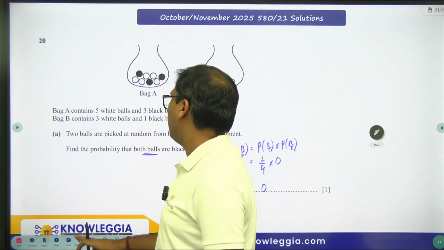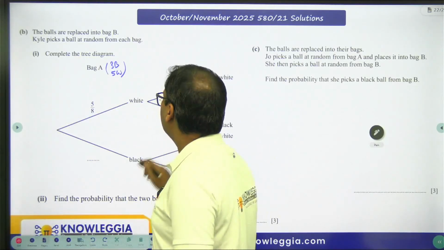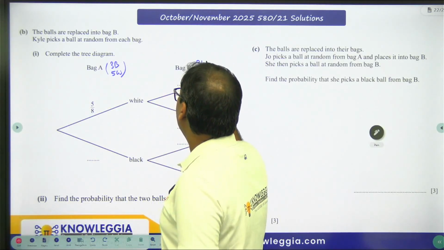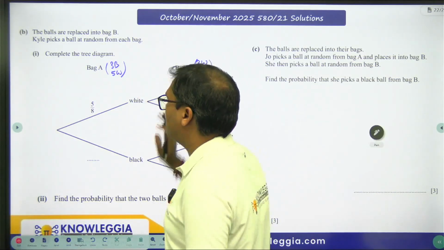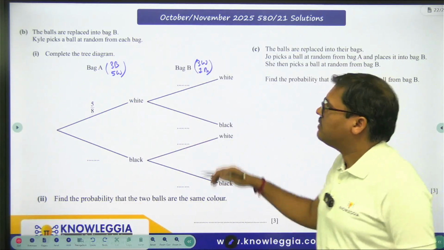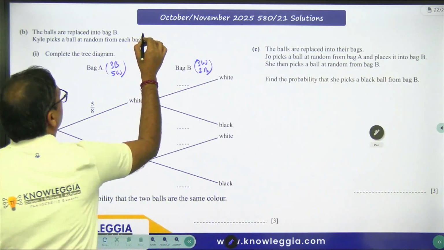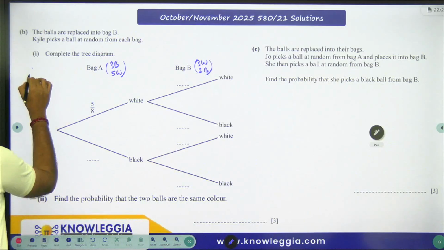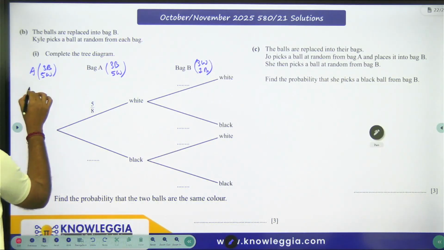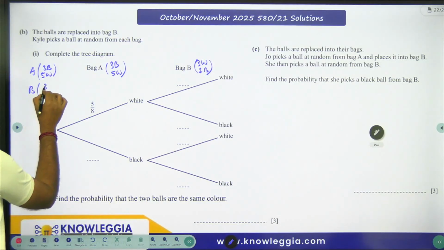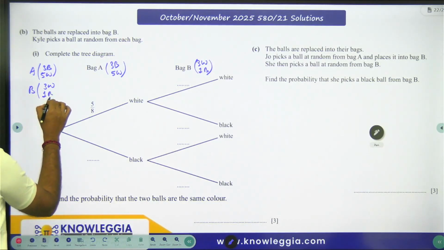And here we have three white and one black. Bag B. Okay. This is the initial situation. So let me write it. Initial situation is bag A has three black and five white, and bag B has three white and one black.